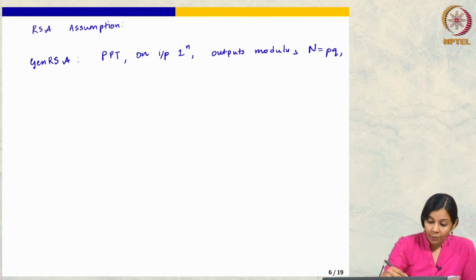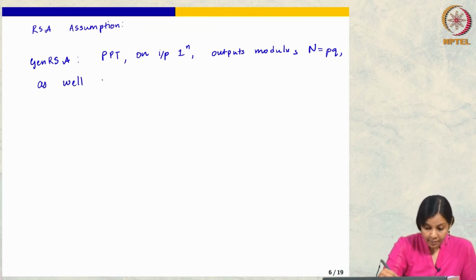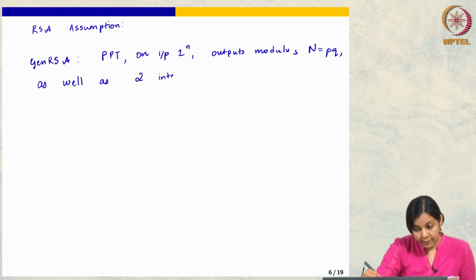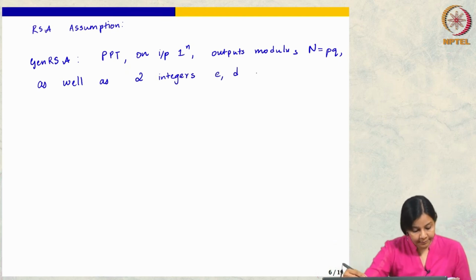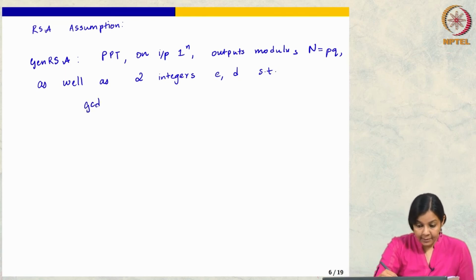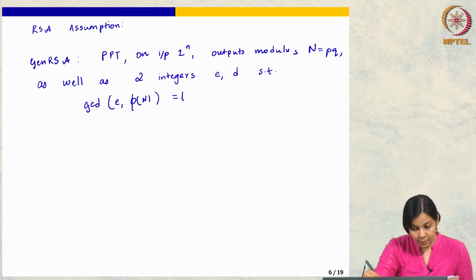It also outputs two integers e and d, such that GCD of e and phi of N is equal to 1 and e times d is congruent to 1 mod phi of N.